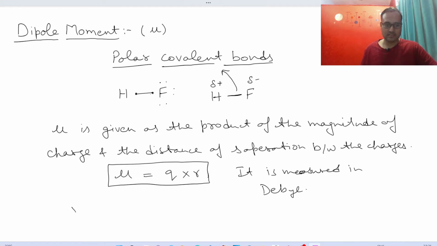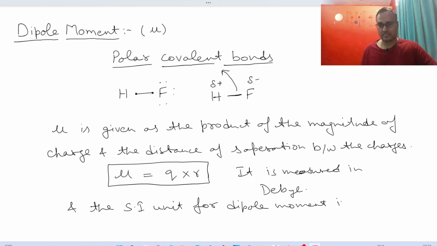And the SI unit for dipole moment is coulomb meter.